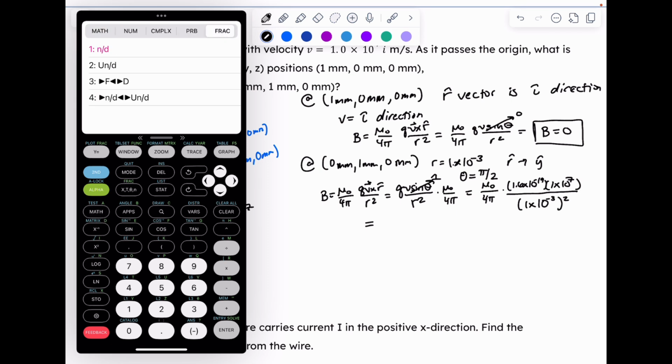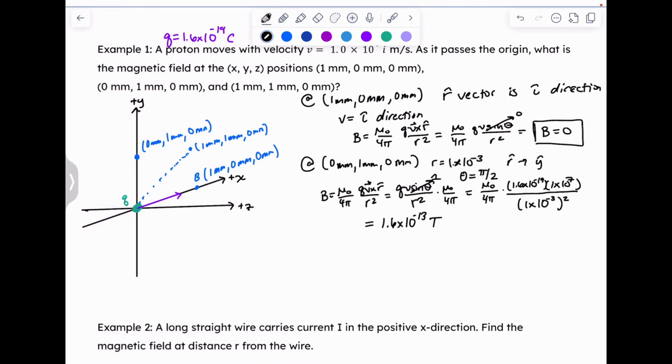We get 1.6 times 10 to the negative 13 Tesla.